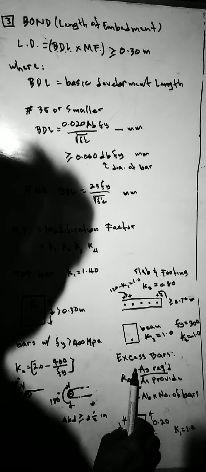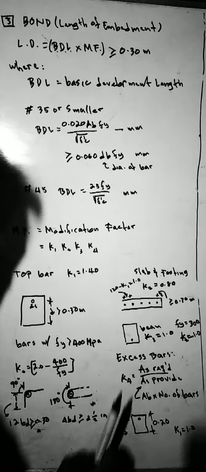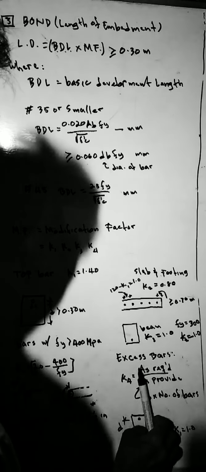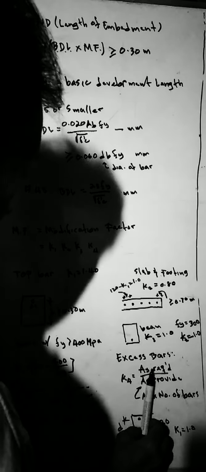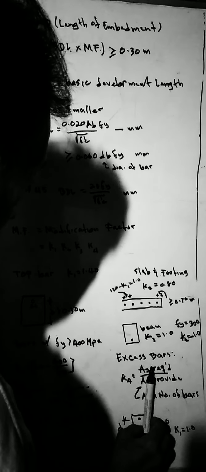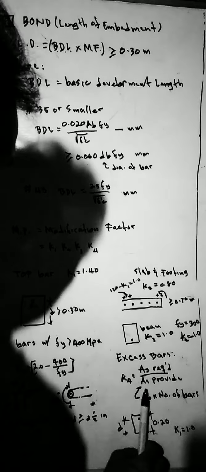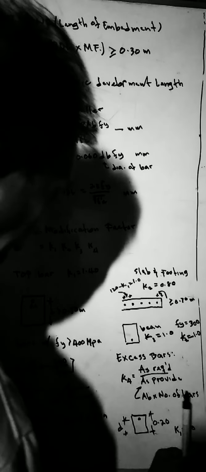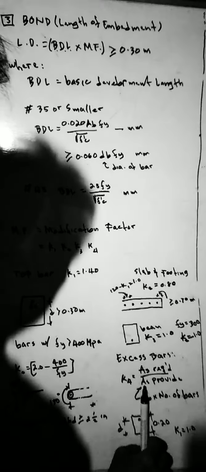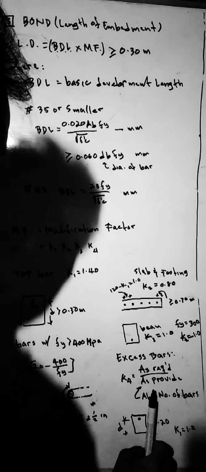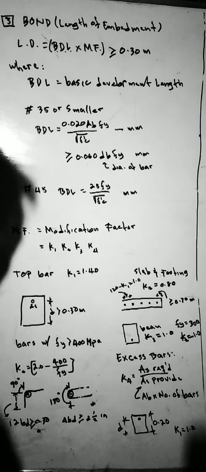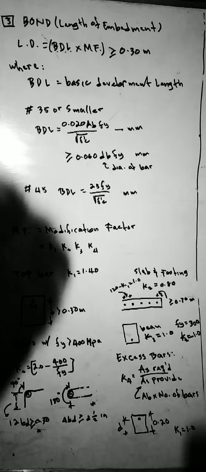Meaning, for example, if the required cross-sectional area of the steel bar is this As, divided by the provided cross-sectional area of the bar.